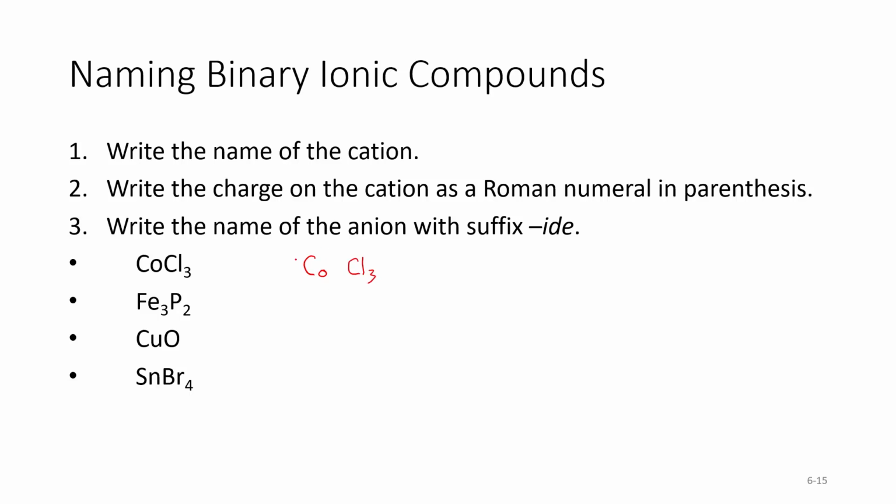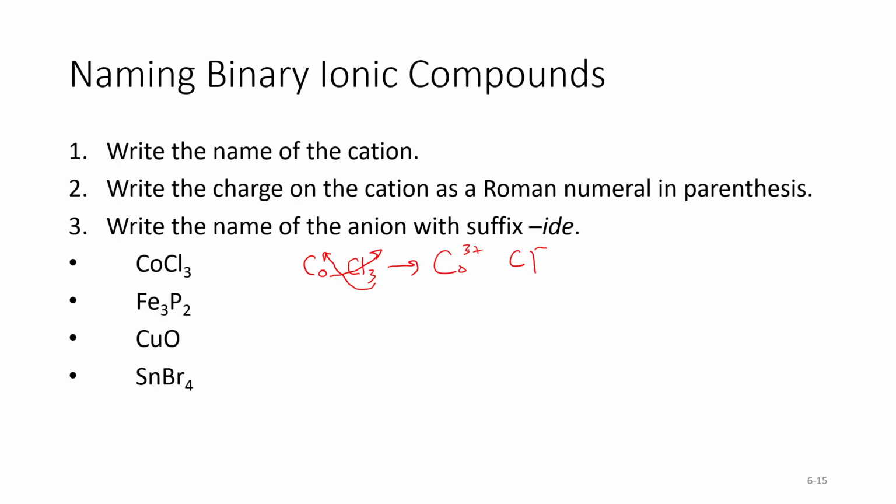To figure out the charge on cobalt, we take what's down here and flip it up, and take what's down here and flip it up. So this becomes Co3+ and Cl-. Where did the pluses and minuses come from?